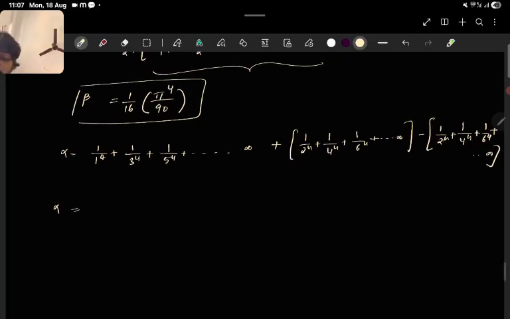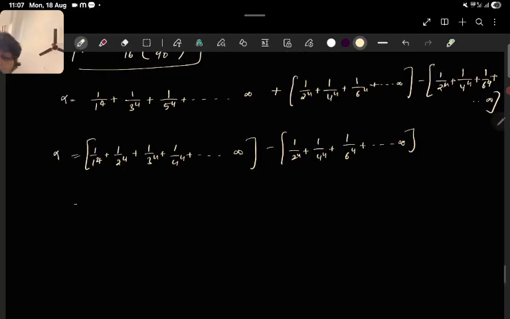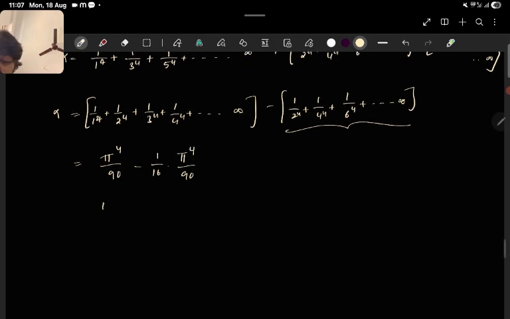This will become 1 upon 1 power 4 plus 1 upon 2 power 4 plus 1 upon 3 power 4 plus 1 upon 4 power 4 and so on up to infinity, minus the even terms. Right, this is nothing but pi power 4 by 90 minus beta, which is 1 by 16 into pi power 4 by 90.